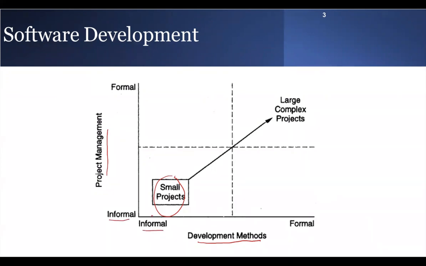On the other hand, large complex projects are performed with formal development methods and formal project management. What is the difference between formal and informal? For large complex projects, the development process has to be done in a systematic and structured way. This is a formal process. Informal process means we don't have to perform the development process in a way that it should be structured.